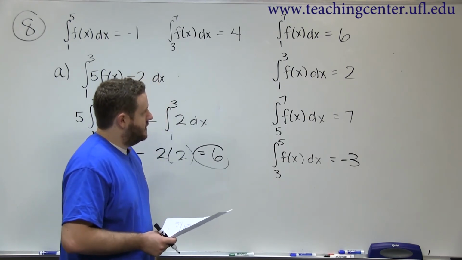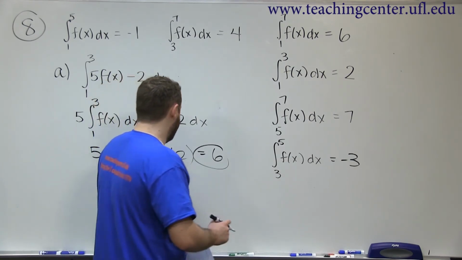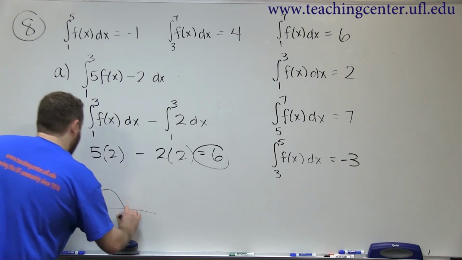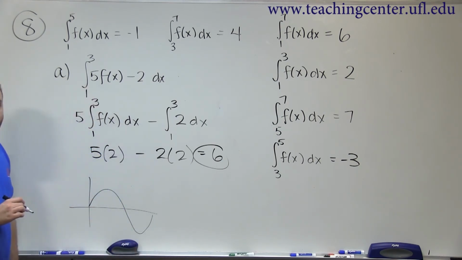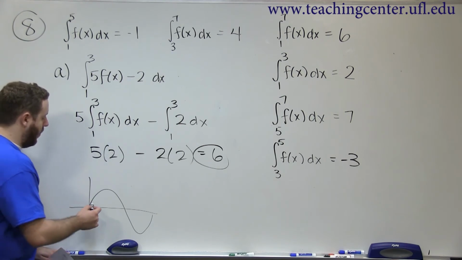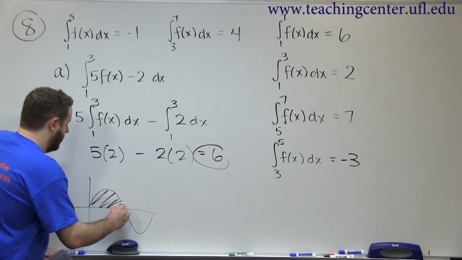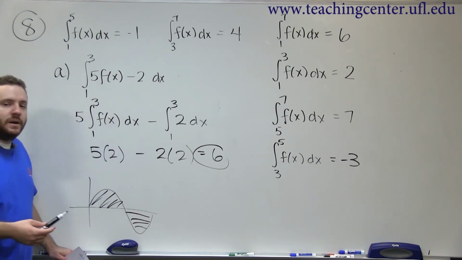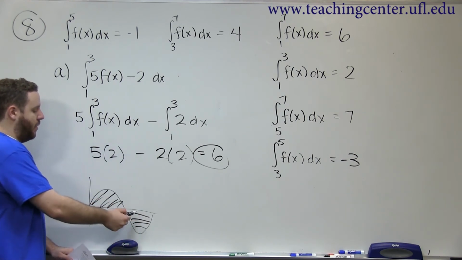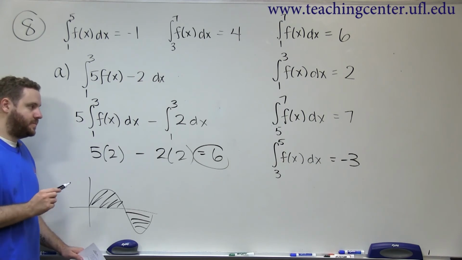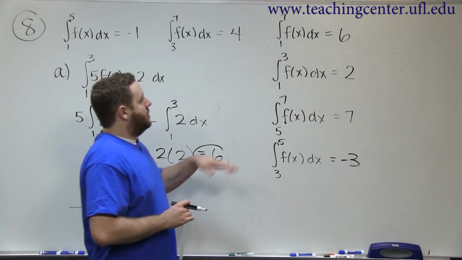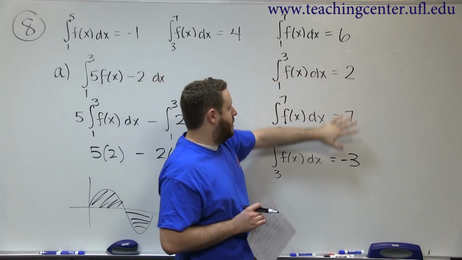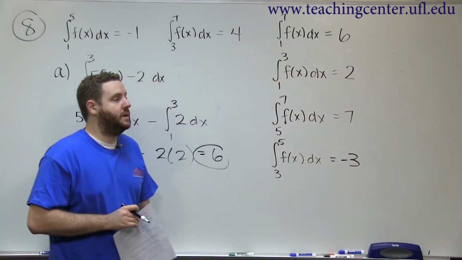So if you wanted the total area, remember total area, I'll draw a quick example here. If we had a function like this, the definite integral would always give you the top part minus the bottom part. But if we want the total area, we want to add them both as if they were both positive. So the definite integral from 1 to 7 here gives us 6 because we take the positive parts and we subtract away the negative 3.